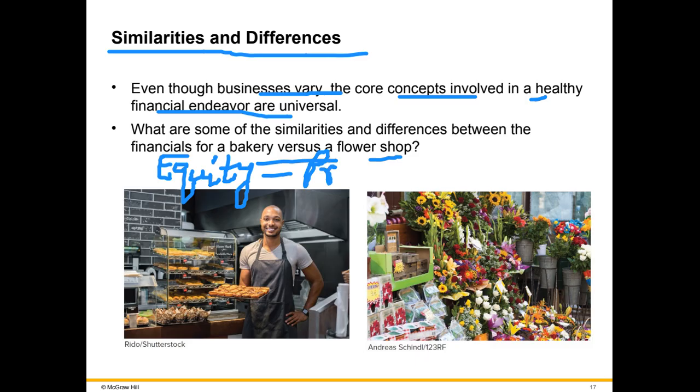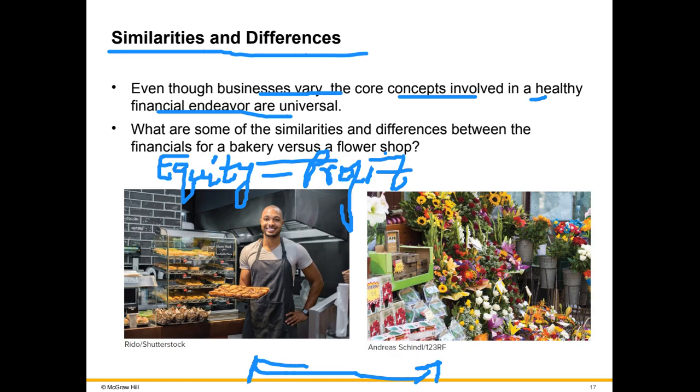they might have accounts receivable, accounts payable. All the terminologies that we have discussed in previous slides are relevant in both businesses: cost of goods sold, net profit, earnings before interest and taxes, inventory, inventory turnover.